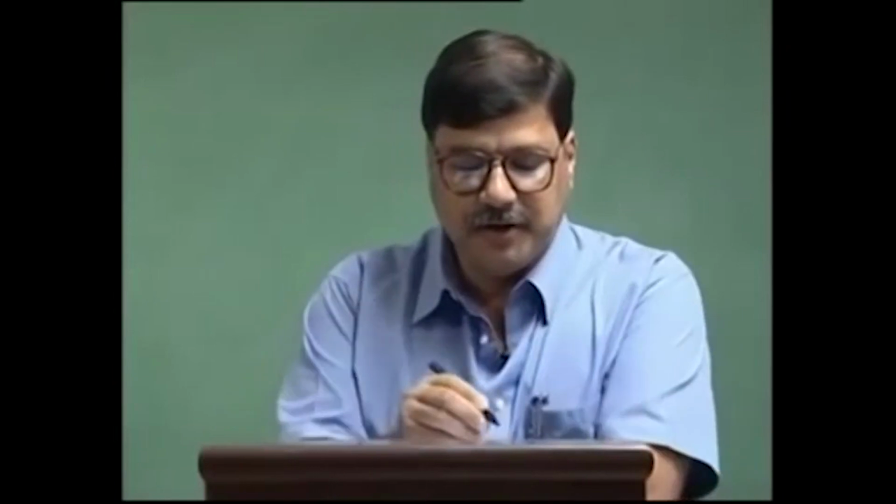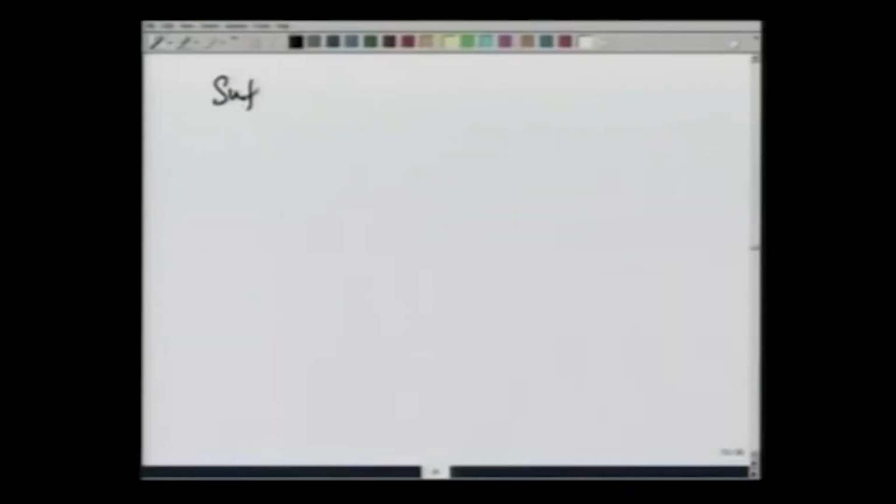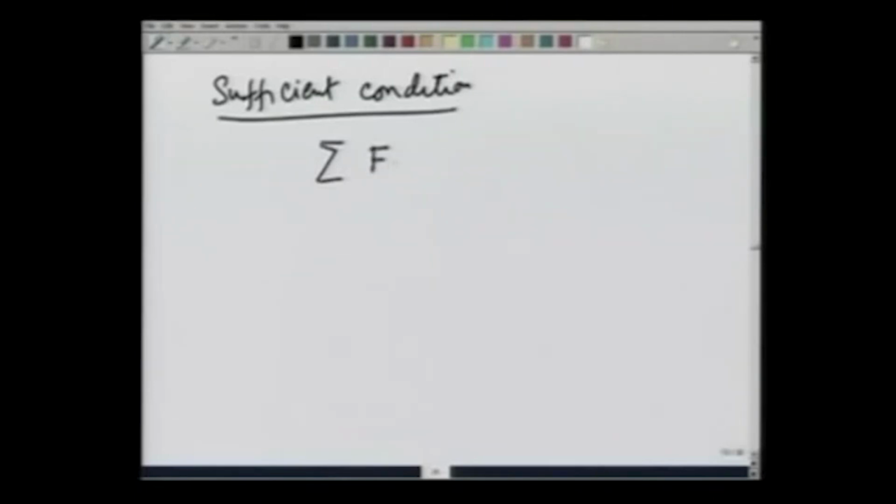How about the sufficient condition? As I said, it is also a sufficient condition. So, suppose the forces on all the particles, F external i plus F constraint i, do not vanish.